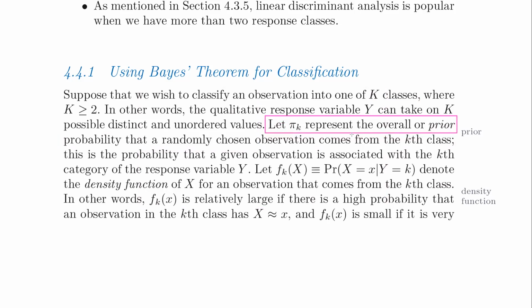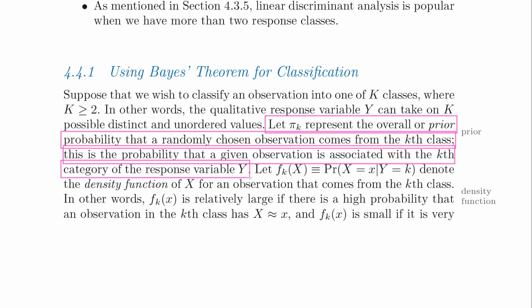Pi k is the prior. The prior what? The prior probability that a randomly chosen observation from our data set has as a y class k, lowercase k. Okay, so that's the first step. That's your prior belief.